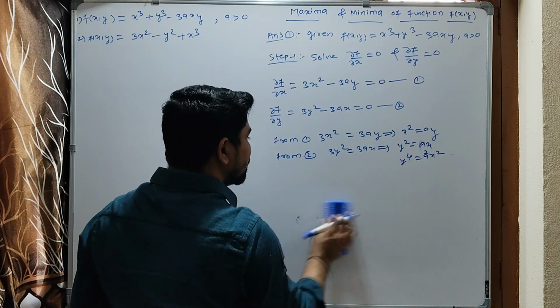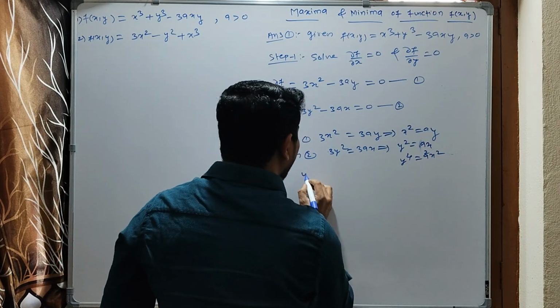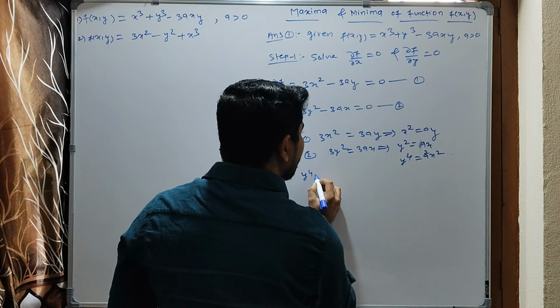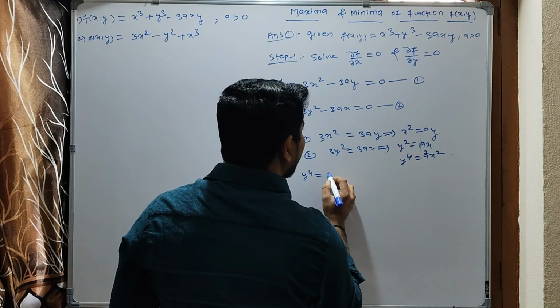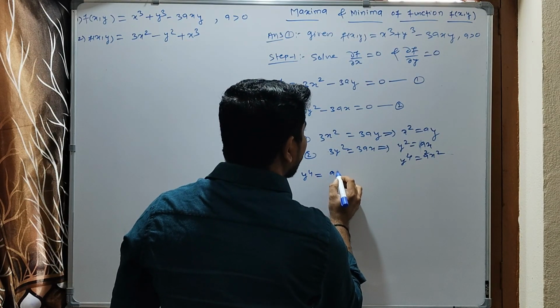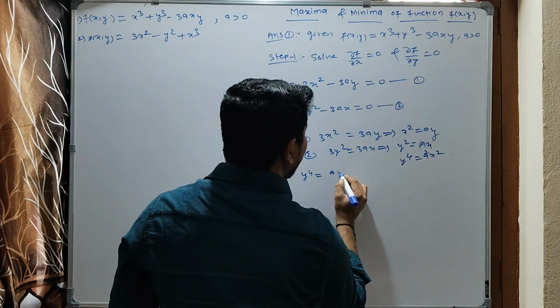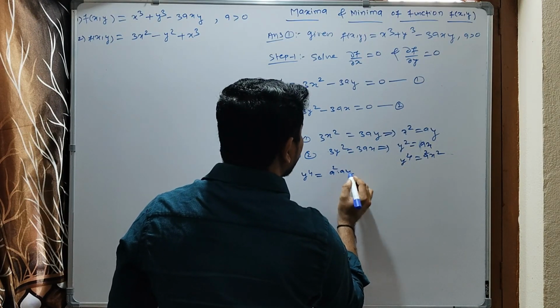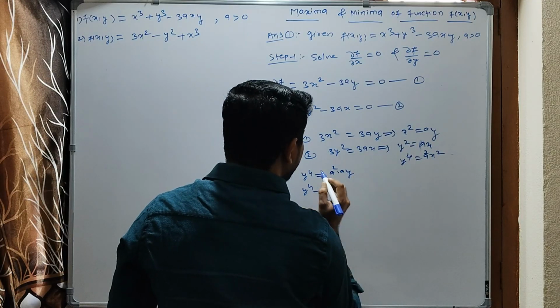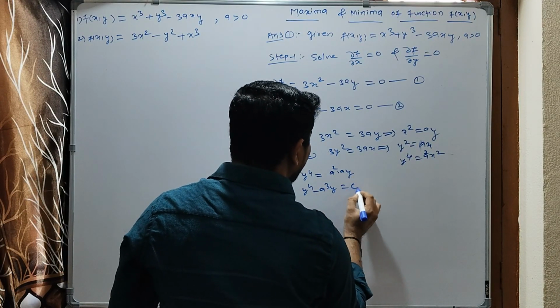So here this implies y power 4, so y power 4 equal to, so a, this is x square, the value of x square is a into y, so a square into y. So here y power 4 minus a cube y which is equal to 0.